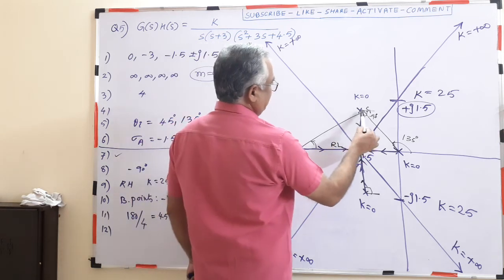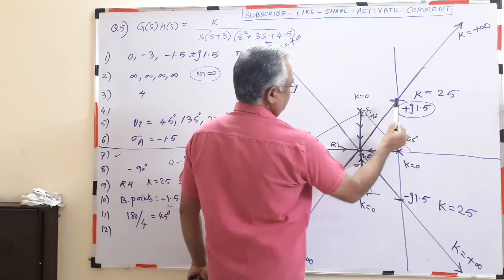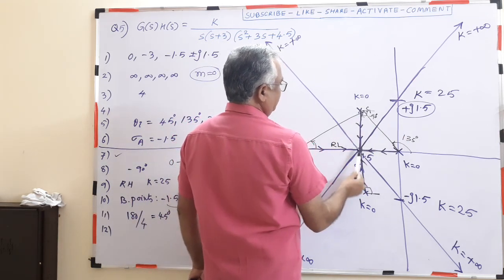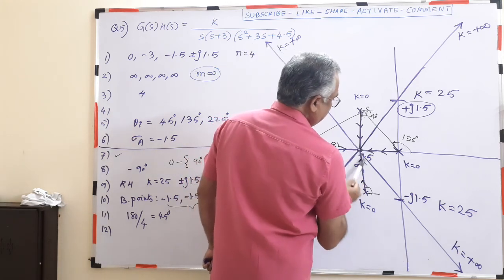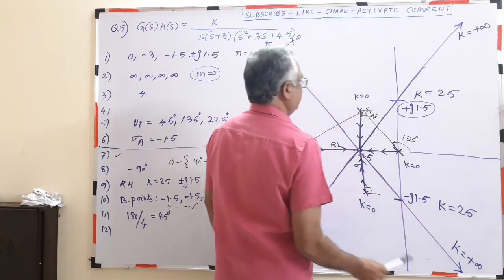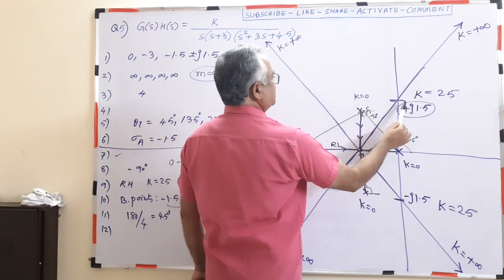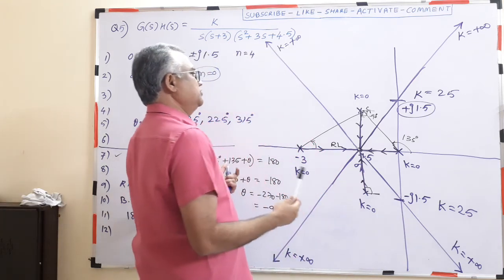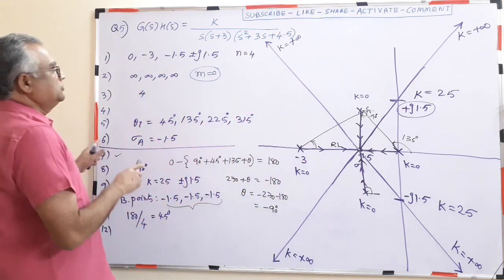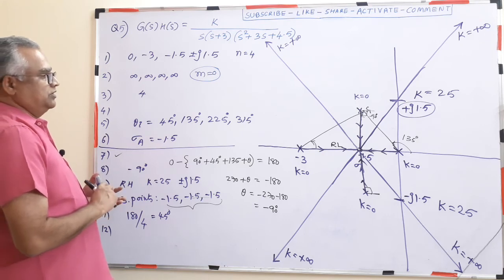So this exactly follows like this. Because of 180 by 4, 45, they follow along the asymptotic line and go, and cross here at plus j 1.5 and minus j 1.5. That's all. So this is how you can do it.